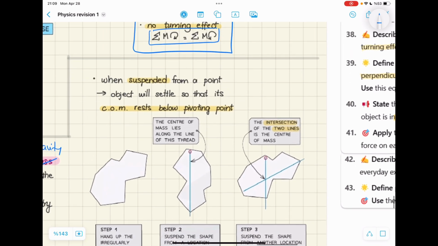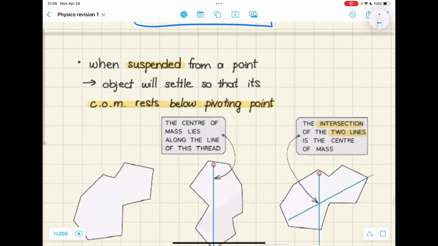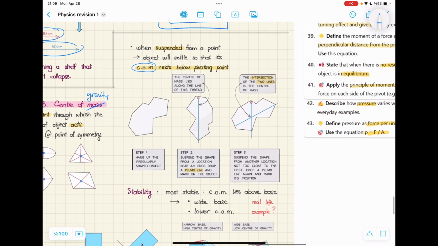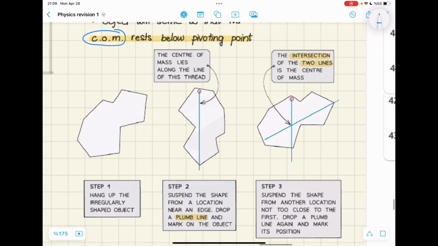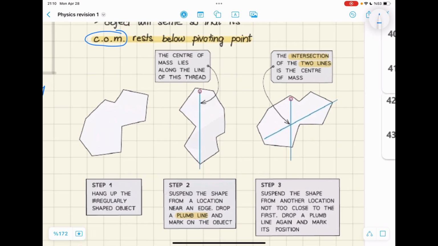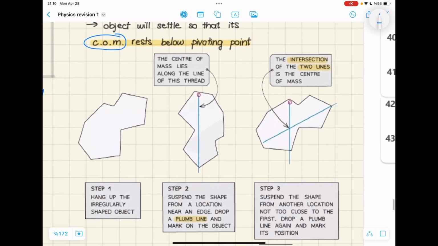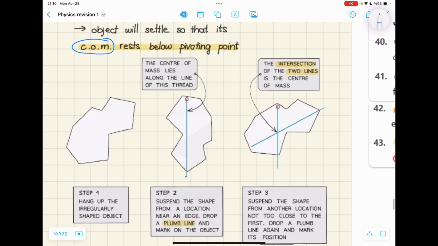However, how to figure out the center of mass or center of gravity of an irregular object? This is the so-called lamina, which is basically a very thin, stiff cardboard, let's say, or paper that is cut in an uneven way. You hang it on something, and when you hang it, you also put something called a plumb line.